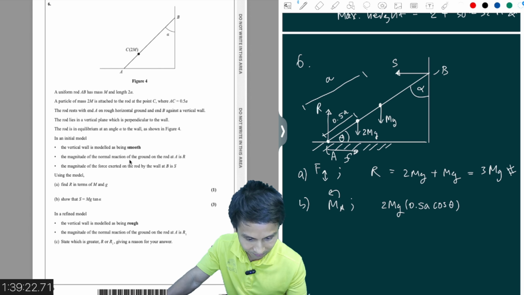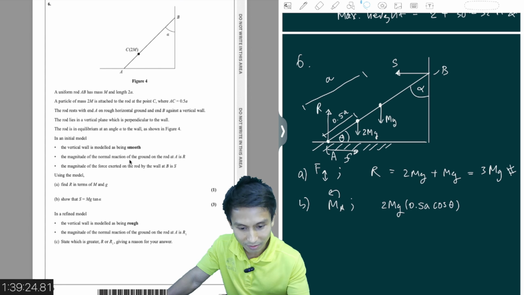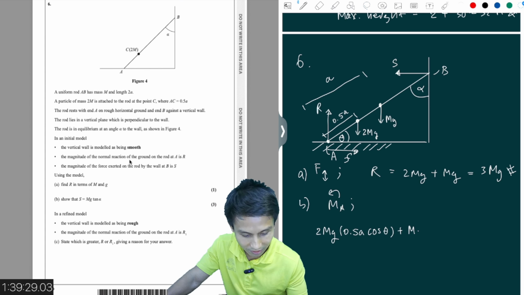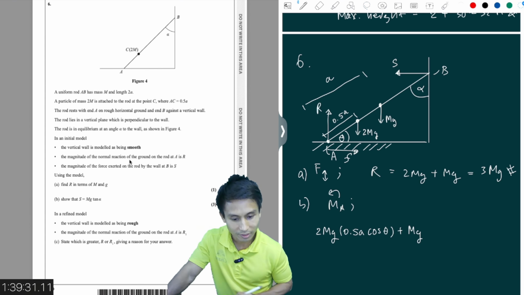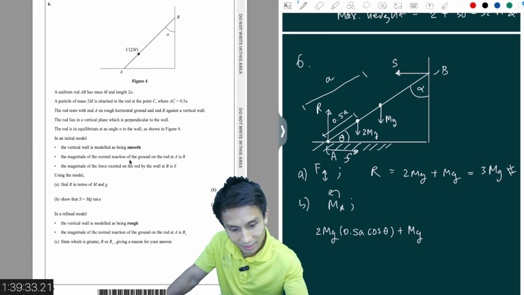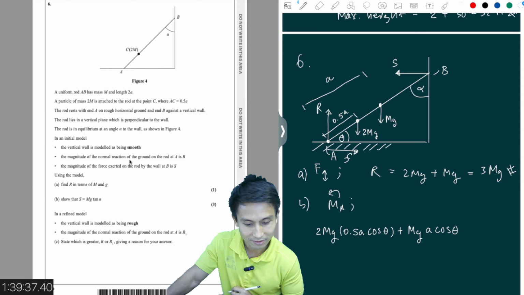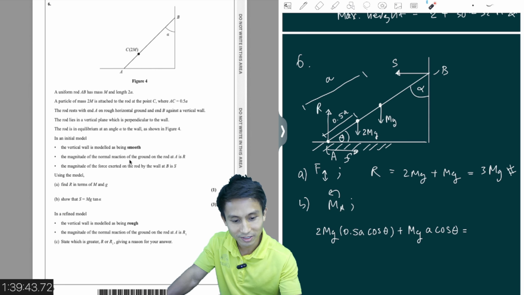I'm just going to put everything in first. And then plus, similarly, mg, because this distance is a, so a cos theta. That's the total clockwise moment.